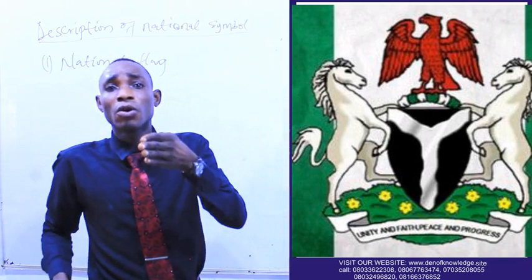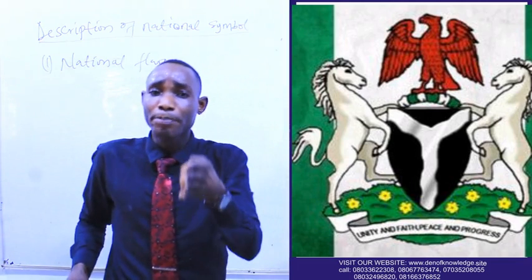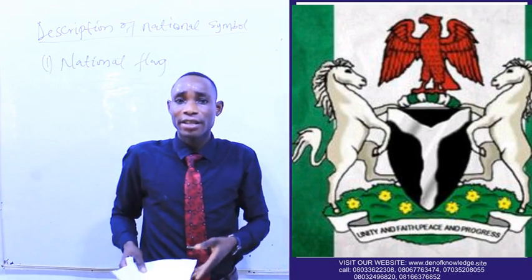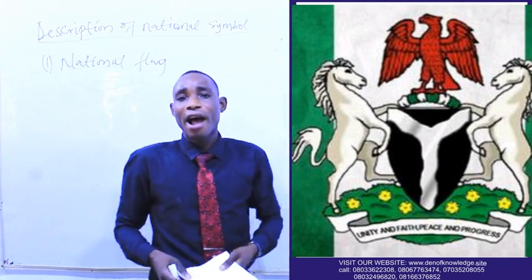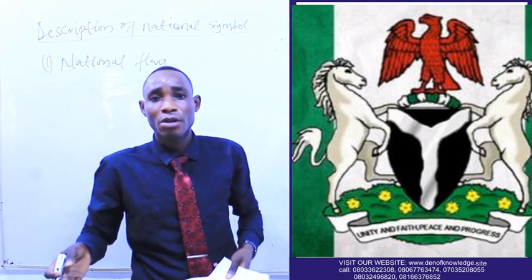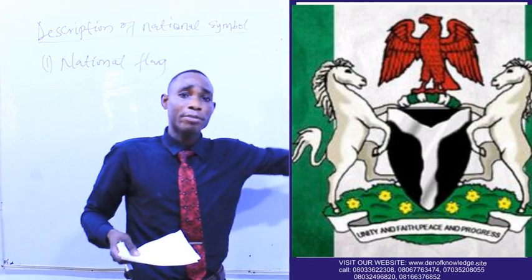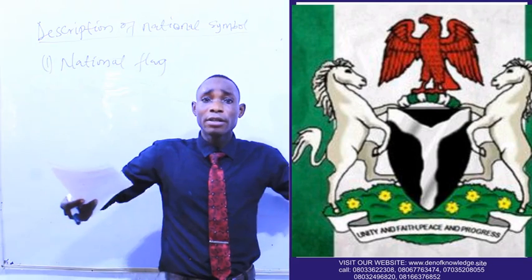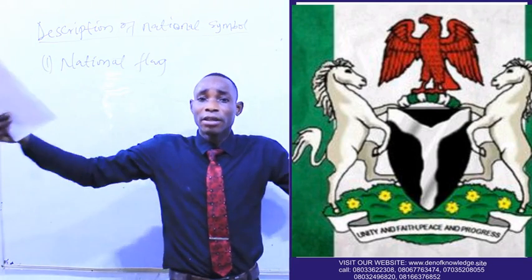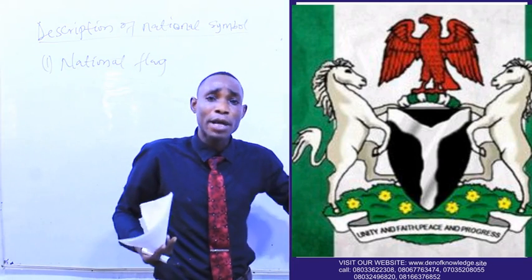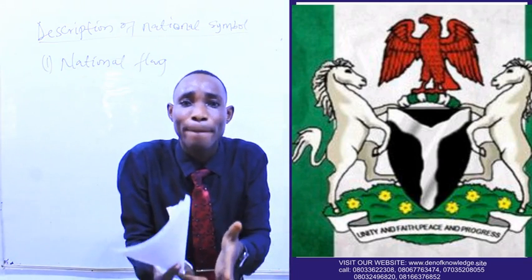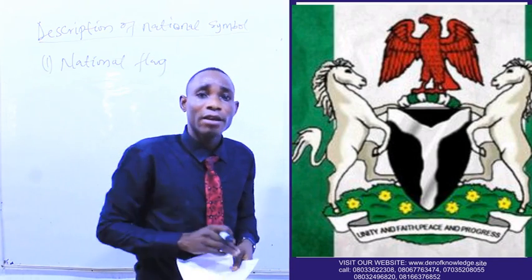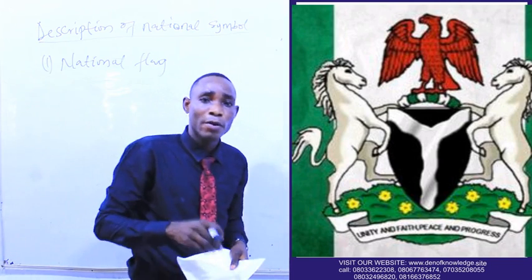The silver colored letter Y represents the two major rivers in Nigeria, that is River Benue and River Niger. The letter Y shows that the River Niger and the River Benue meet at a particular place.